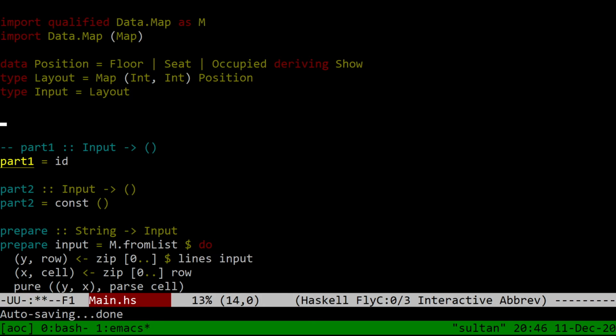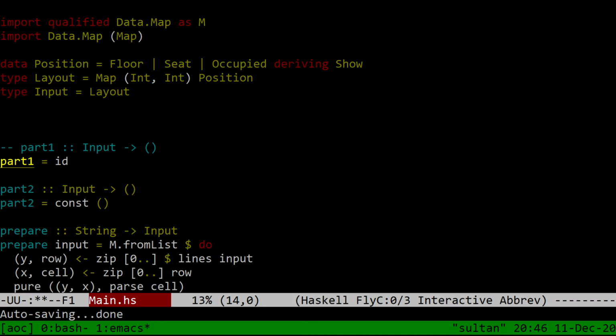But I guess we can write something that says, given an int-int pair, how should I update that int-int pair? But that's just like map dot. That function must exist in data map, right? Haskell data map is like map with keys or something.